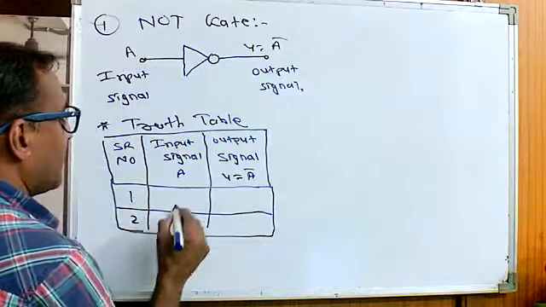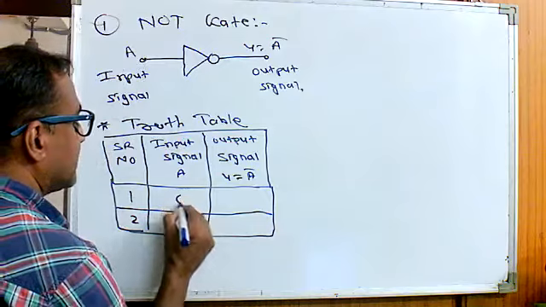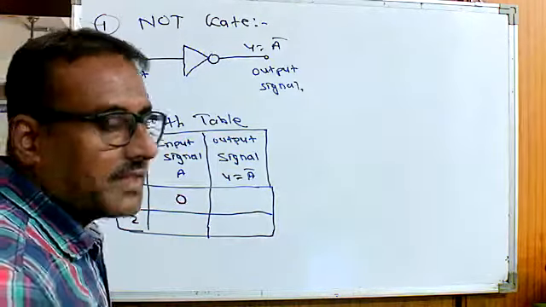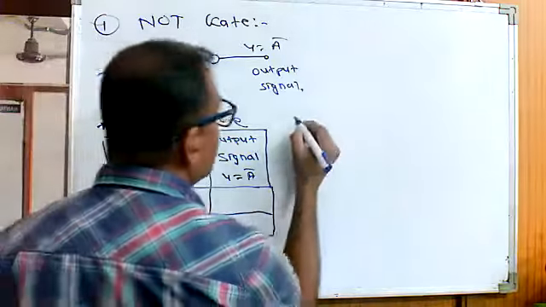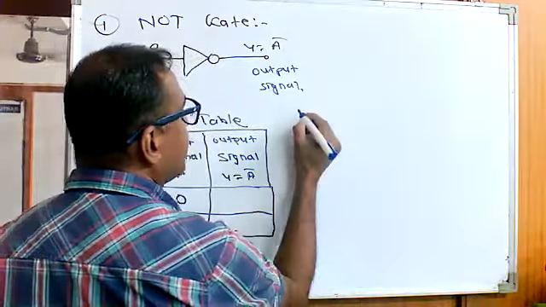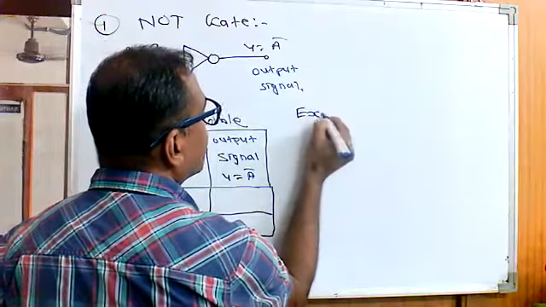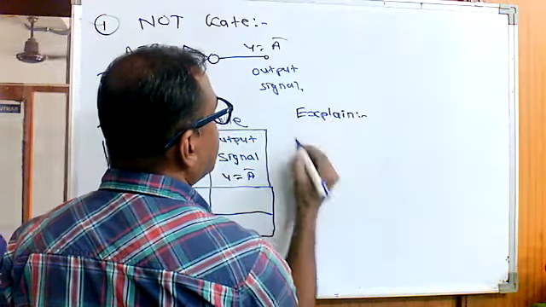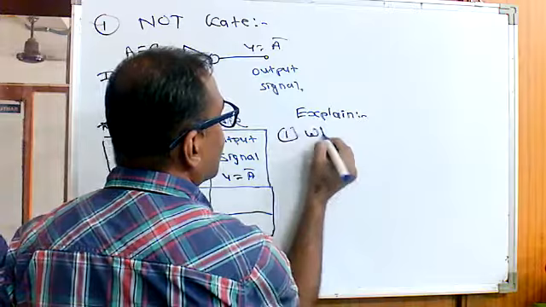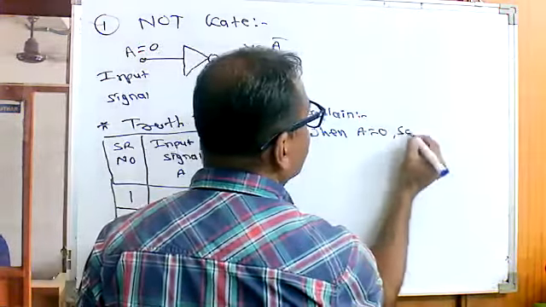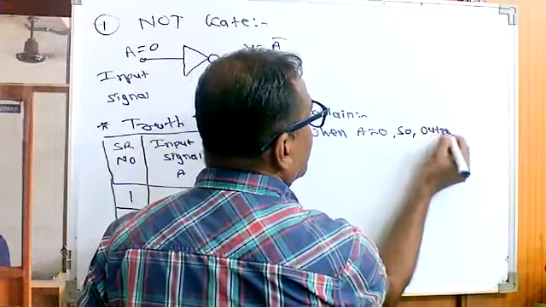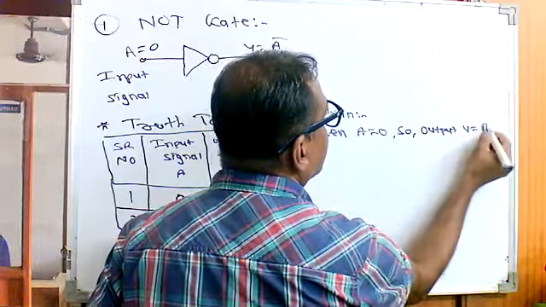The first condition is 0. When A is equal to 0, output Y is equal to A bar.